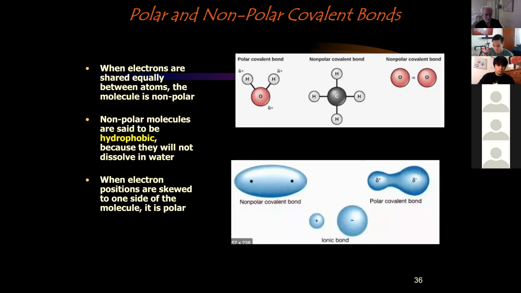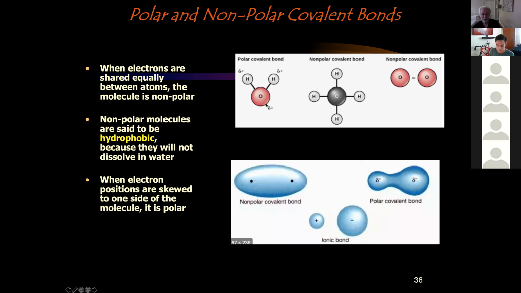And such molecules are hydrophobic. But when the electron positions are skewed to one side of the molecule, it's polar. So if you look at the top center here, that's methane, it's non-polar because the electrons are equally distributed around the molecule.